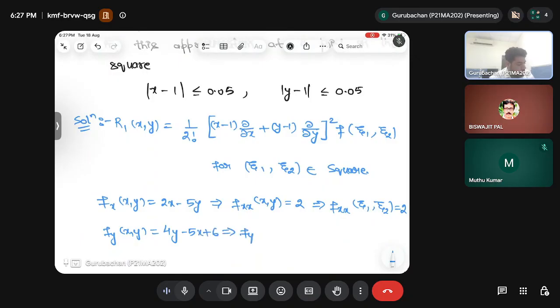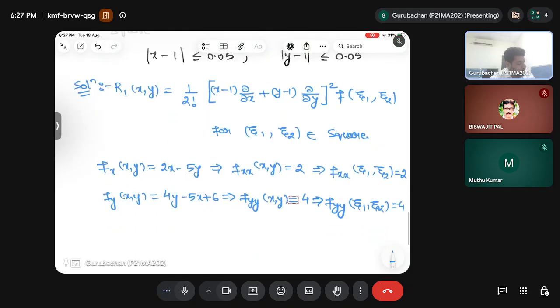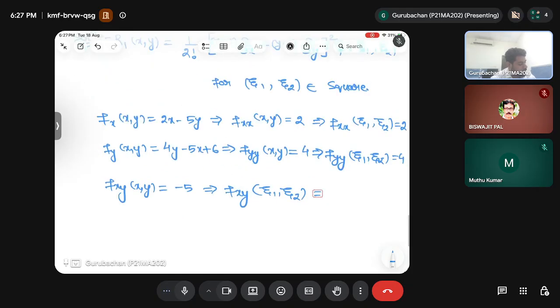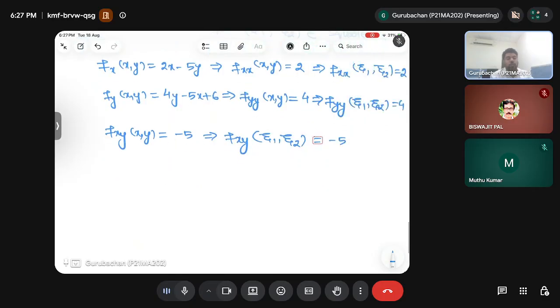But while doing the double derivative with respect to y, you will get only 4, so fyy at (x1, x2) will be 4. Now fxy will be minus 5, and at any point (x1, x2) this will be minus 5. So now you know the values.